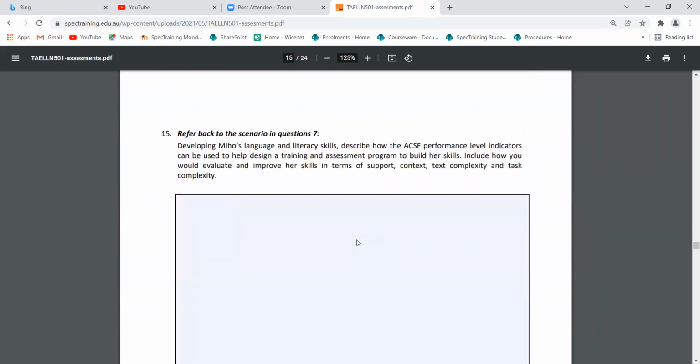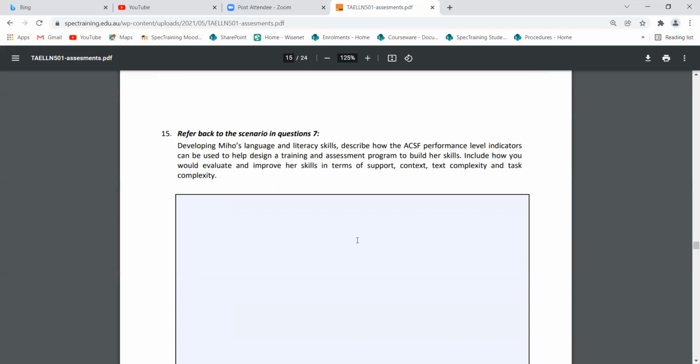Coming down, 15, refer back to the scenario in question 7, that's Mihal. Developing Mihal's language and literacy skills. Describe how the ACSF performance level indicators can be used to help design a training assessment program to build her skills. Include how you would evaluate and improve her skills in terms of support, context and text complexity and task complexity.